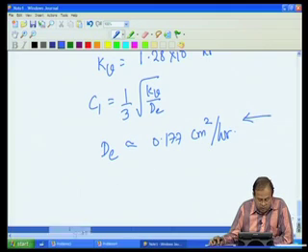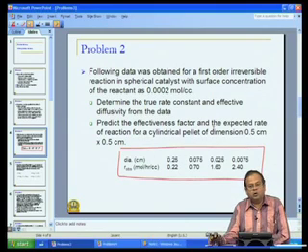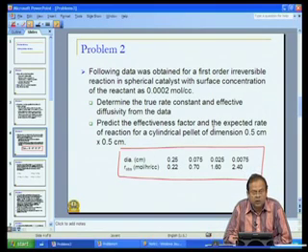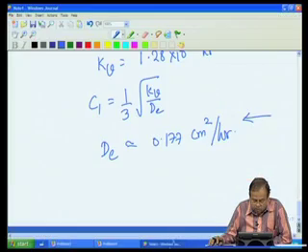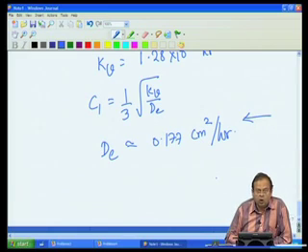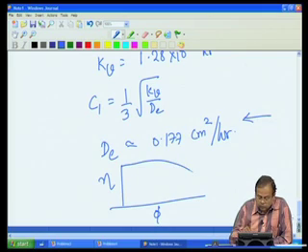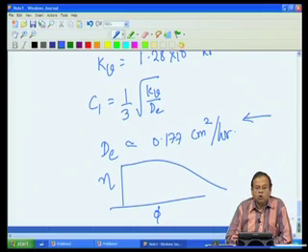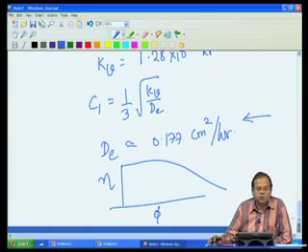The second part of our problem is to predict the effectiveness factor and the expected rate for a cylindrical pellet. This was all for a spherical pellet. Now, how can we predict? If you recall, our relationship between eta and Thiele modulus is more or less identical if we define our Thiele modulus properly.